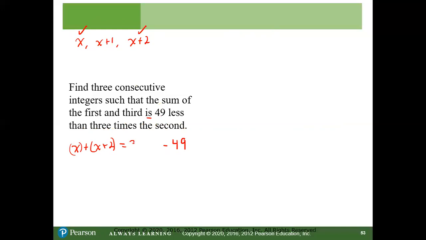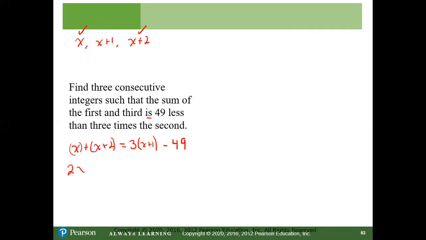Okay, so 3 times the second, which is x plus 1. So this is how we set that one up. All right, it's pretty tricky, but we just sort of read it a couple of times, and as we read it, we put the elements of this equation where they belong, and now we're more or less on easy street.